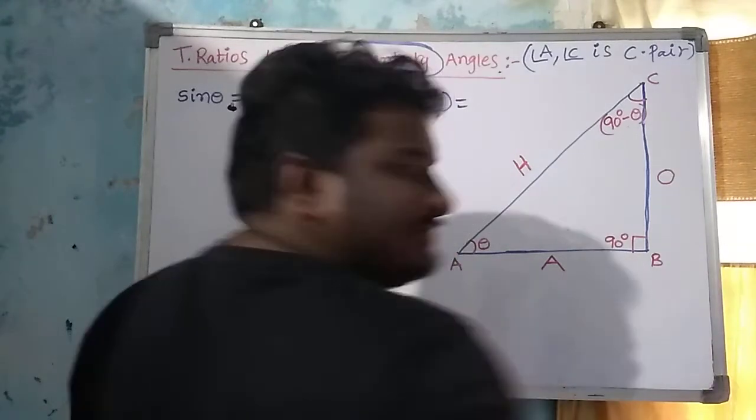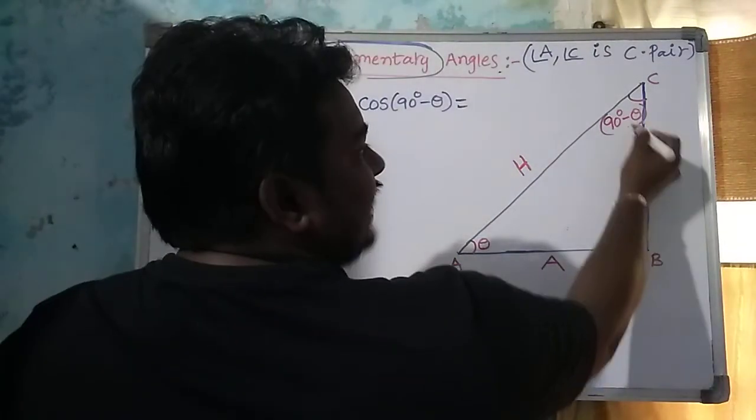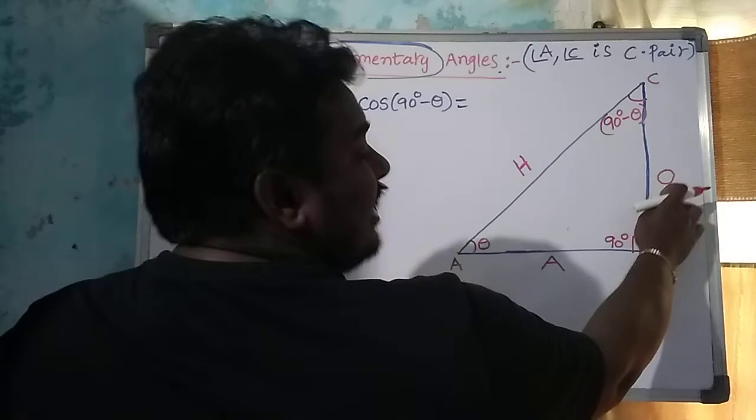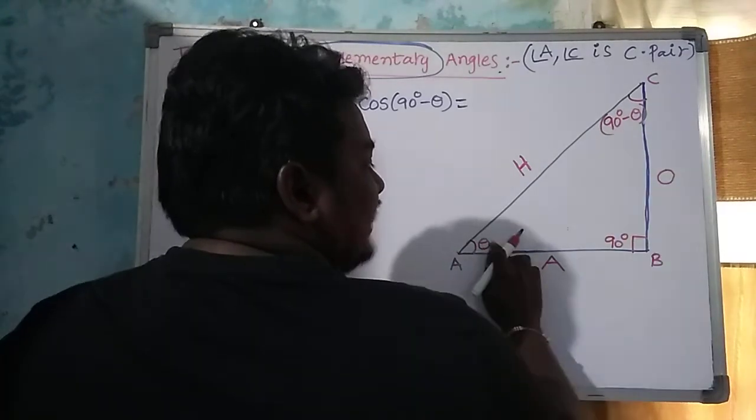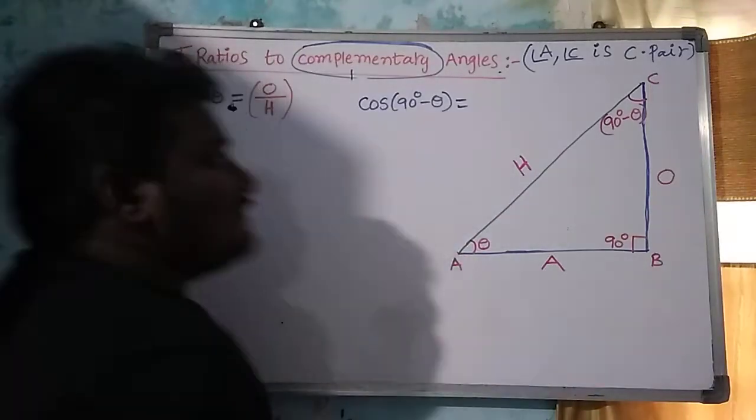The opposite side of theta is becoming the adjacent side of 90 minus theta. That is the concept.